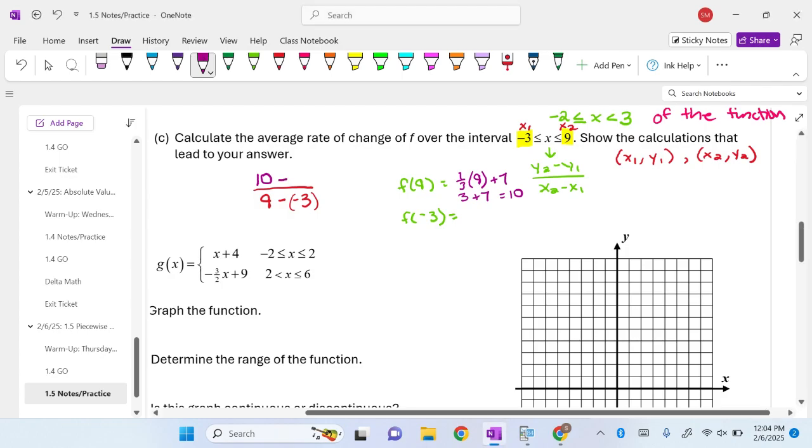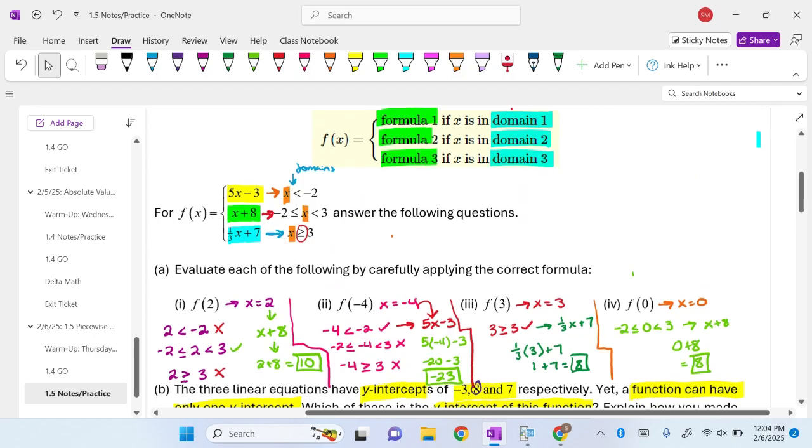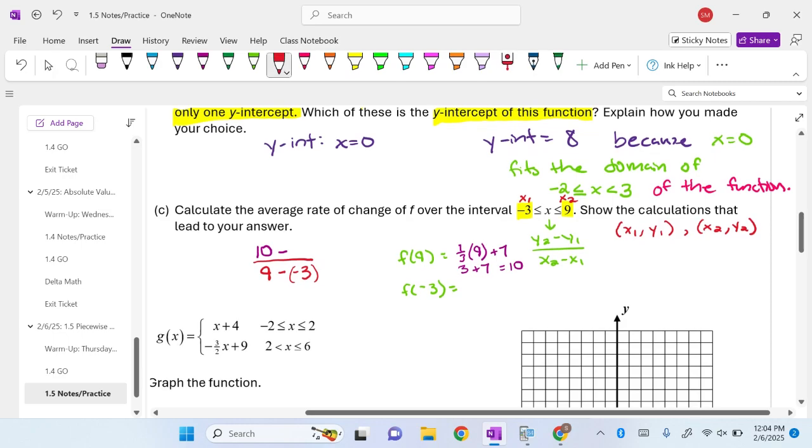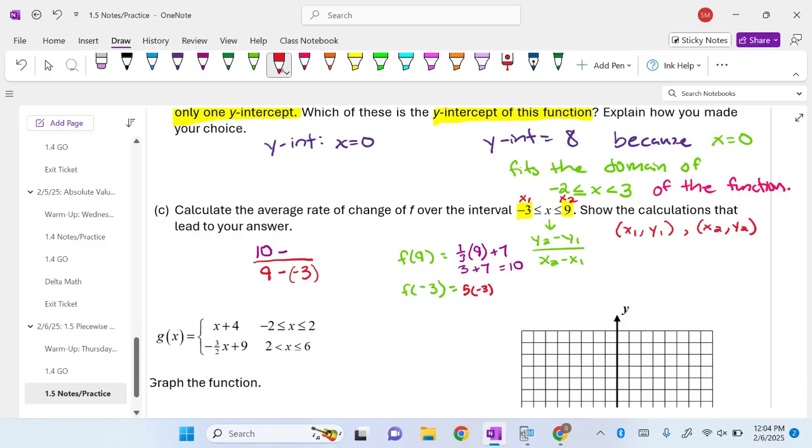Minus, what about -3? Which function would I use that fits the domain when x is equal to -3? The first one, because -3 is obviously less than -2. So we'll plug it into the first function. So this would be 5 times -3. What is it, plus 3?